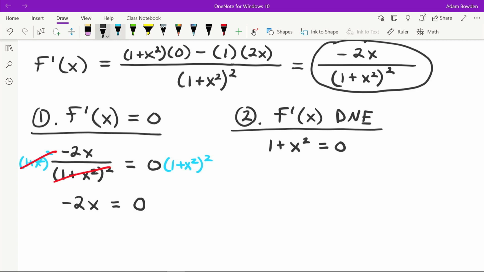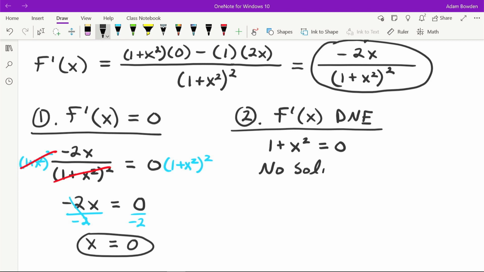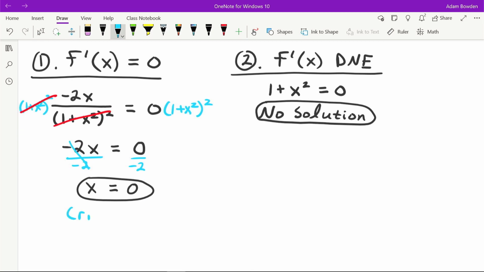So there's actually something to solve for x here, unlike some of the other instances we've seen. x will be equal to 0. We get a critical number. On the other hand, with the does not exist, we have another no solution case, just like the other denominators we tried to solve. So we do get one critical number, in this case x equals 0.